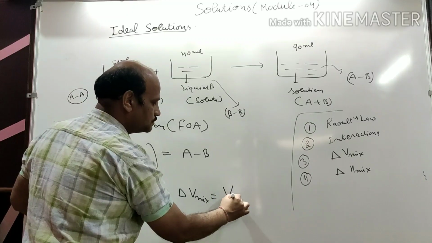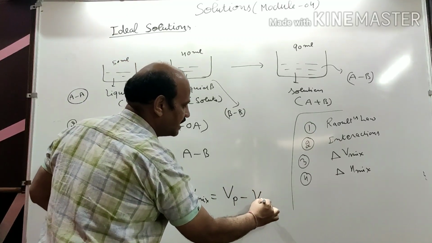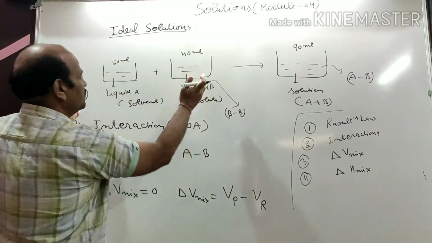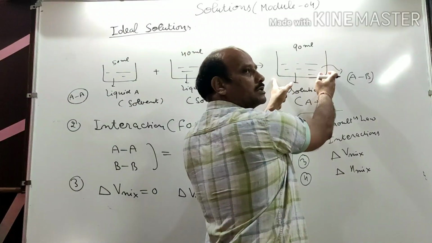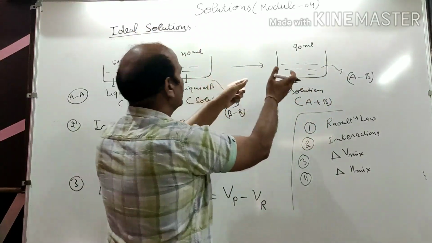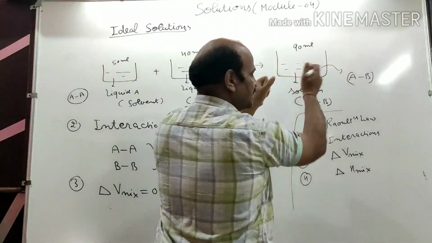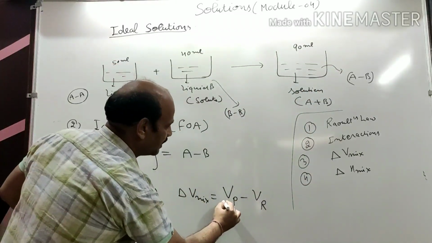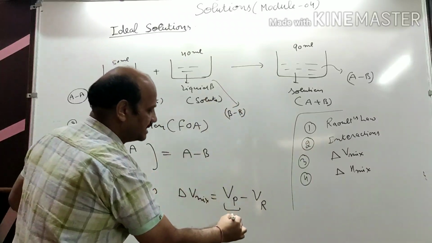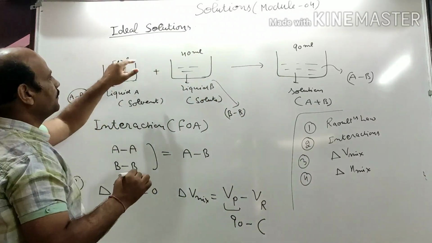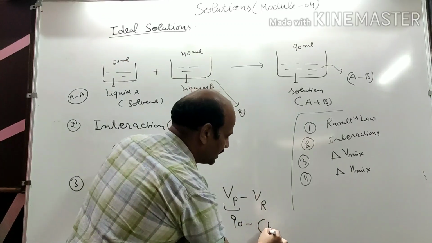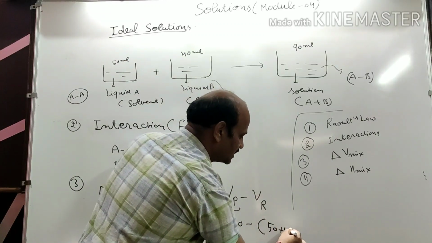Product volume minus reactant volume. The product is the solution of solute and solvent, and its volume is 90 ml. The reactant volume is 50 plus 40, which is also 90.